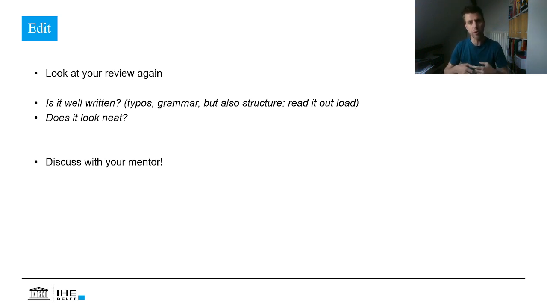Often it helps to read it out loud, and then suddenly you hear what you have written. Does it make sense? Is there a logical flow in my line of reasoning? But also, does it look neat? Does it look good, and does it therefore also read well for my audience?